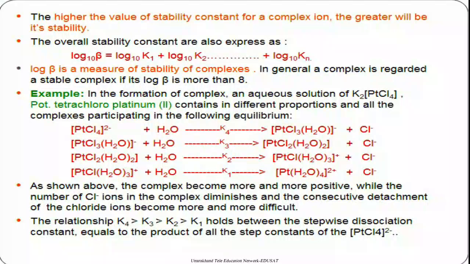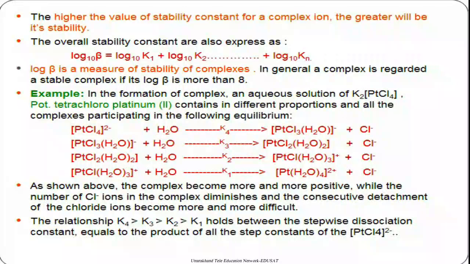You see here PtCl4 negative, here Pt(H2O)4 positive. As the negative charge is decreasing and the positive increasing, the inner chloride atoms become more and more difficult to replace by H2O.